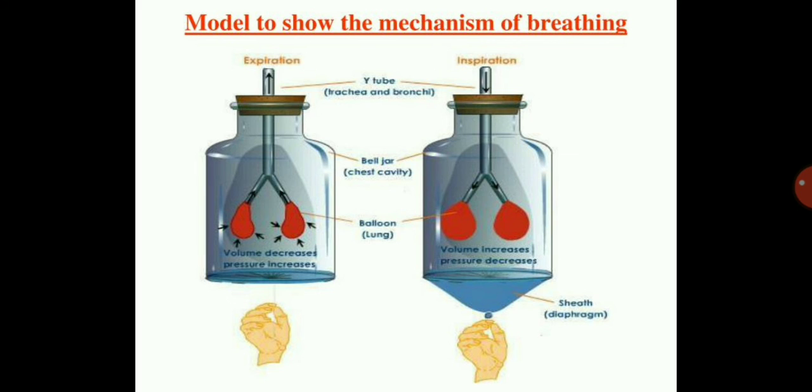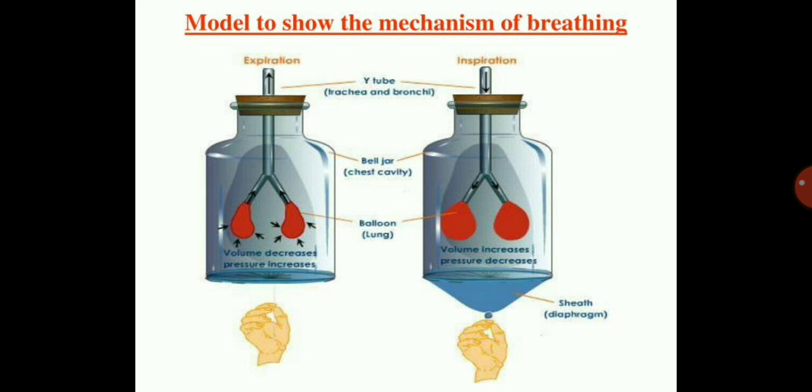You also have one experiment given there, a model to show the mechanism of breathing. A white tube acts as the nasal cavity or windpipe, the bell jar acts as the chest cavity, and the balloon acts as the lungs.